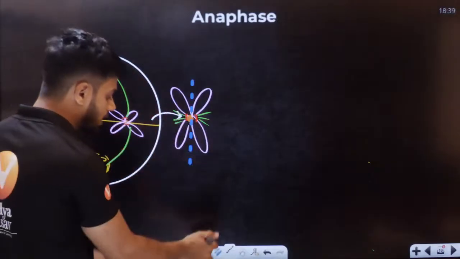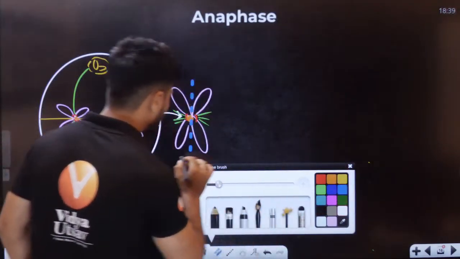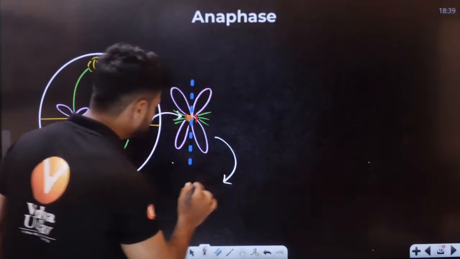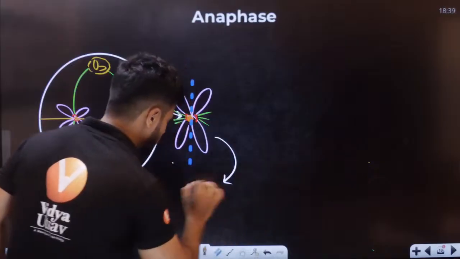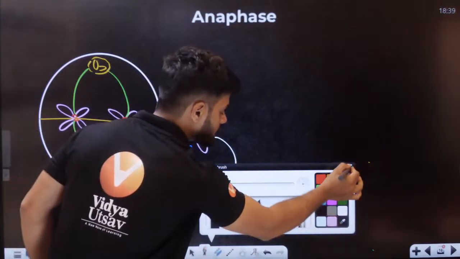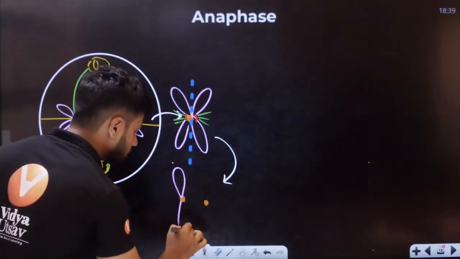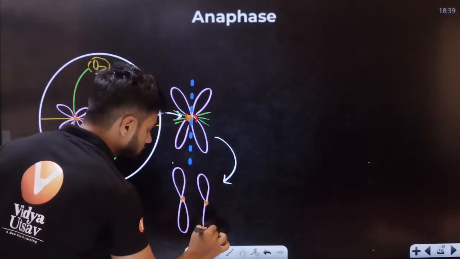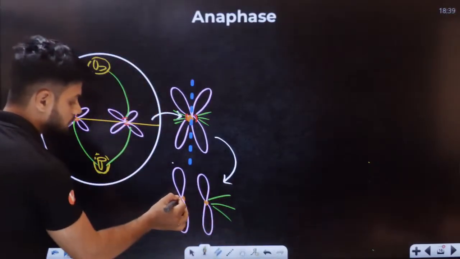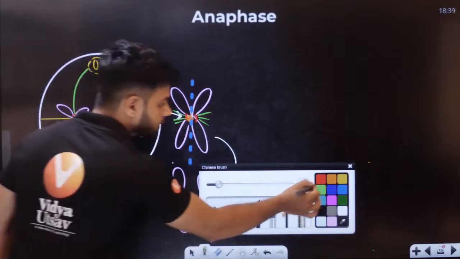And once it splits in half, what do we get? If it splits in half, we end up getting a structure like this. Here we have the kinetochore.